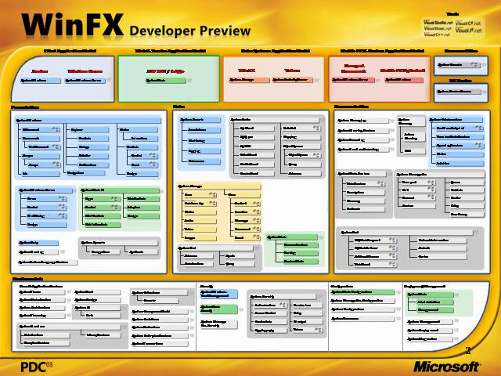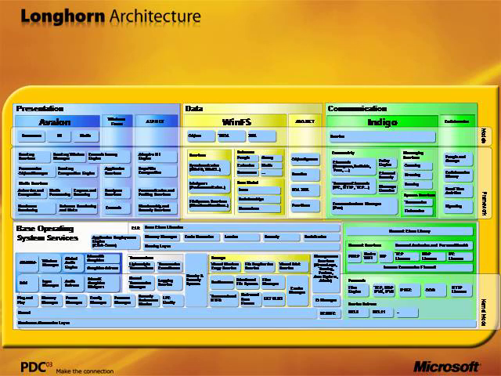But what we're going to focus on are a set of technologies that reside in the Windows kernel in the base operating system, and that provide key infrastructure support for two of the namespaces that are highlighted here, the System.IO and the System.Transactions namespaces. So those are the ones of interest from the perspective of this talk.